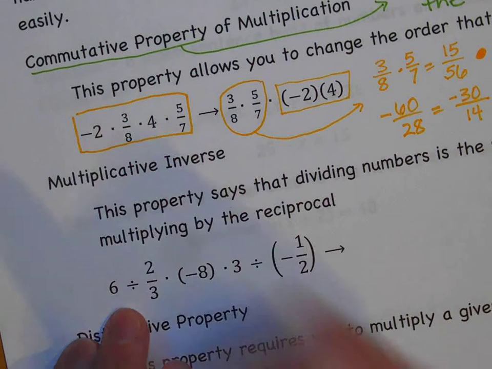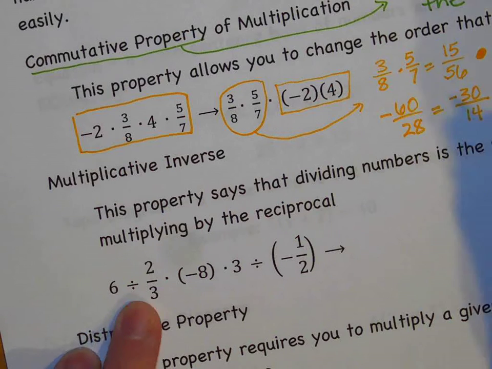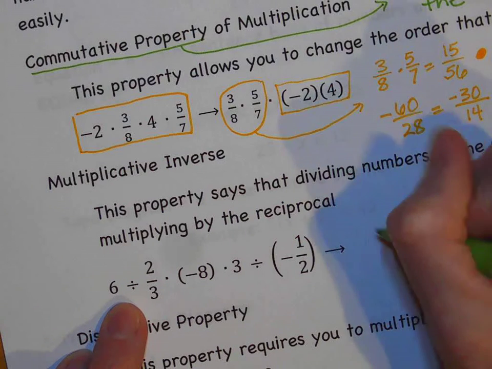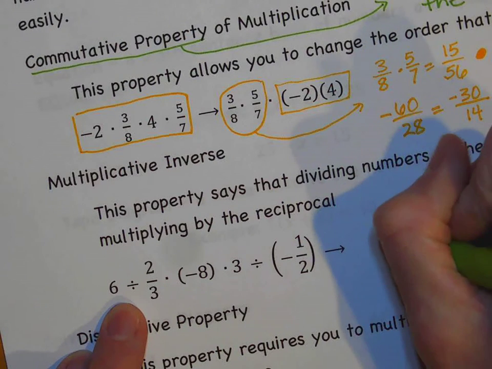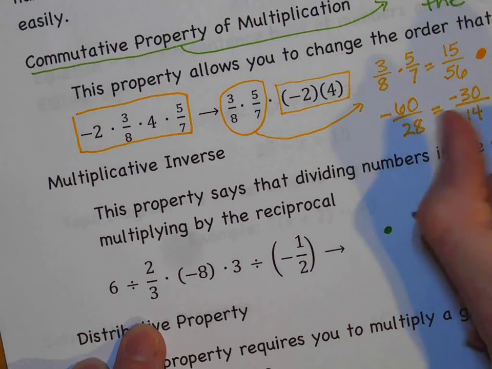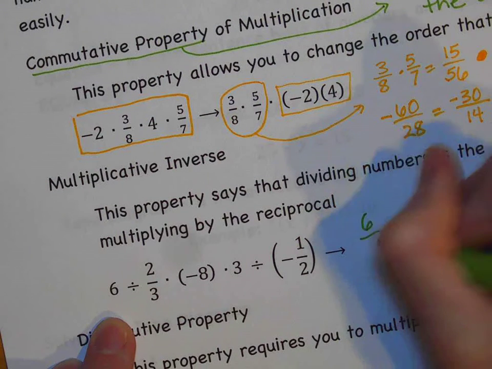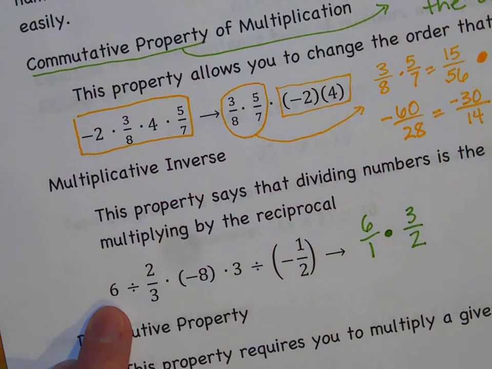So the first thing that I would like to change is I'm going to focus on this one. And instead of having 6 divided by 2/3, I remember that division is opposite of multiplication. So I'm going to put multiply, and I'm going to do the reciprocal of 2/3, which is 3/2. And then I have 6, because that's what I have.